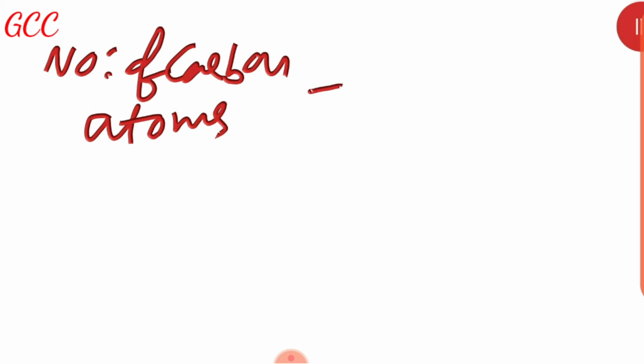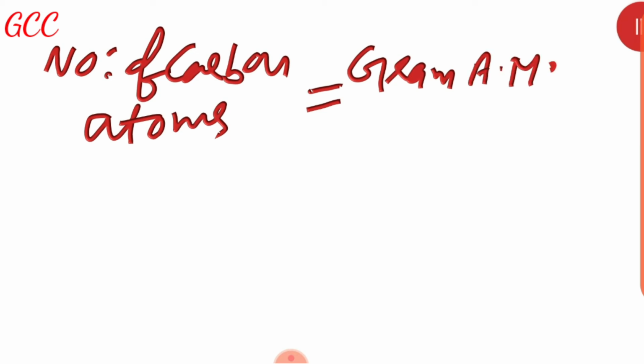When I write number of carbon atoms, what does it mean? It means gram atomic mass of carbon atom upon mass of one carbon atom.